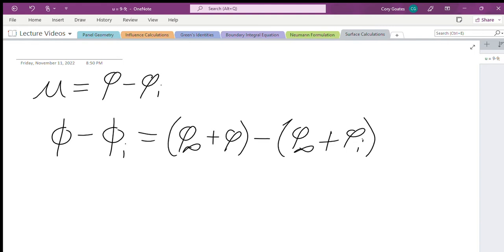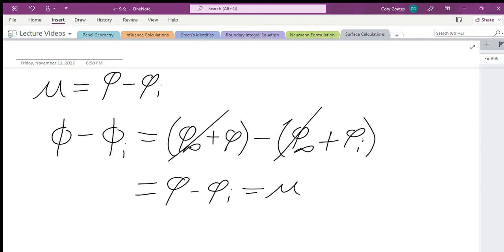Phi infinity is ignorant of where the configuration is. And so these two terms cancel each other out. And this is equal to phi minus phi inner, which is equal to mu. Okay? So this is an important thing to remember, that mu is not only equal to the jump in perturbation potential, but also the jump in total potential. Okay? And that's useful for what we're about to discuss.